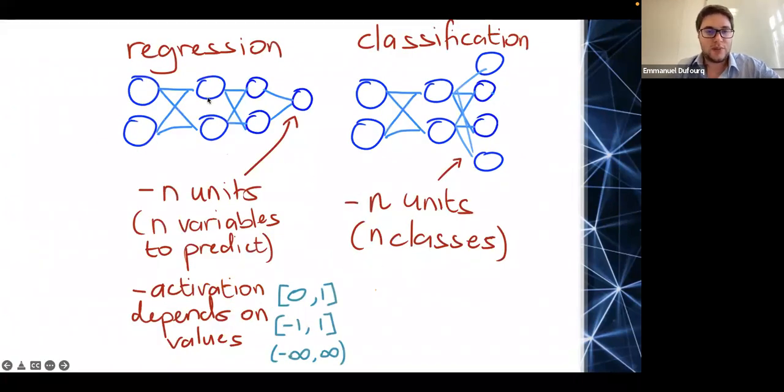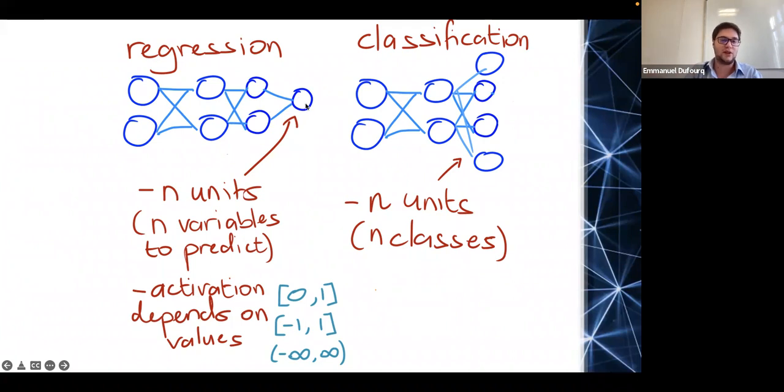In a typical regression problem, we would normally have maybe one target variable, one variable that we're trying to predict. So we would only have one unit. But maybe we were predicting multiple numerical values, so we would have as many units as variables that we're trying to predict.